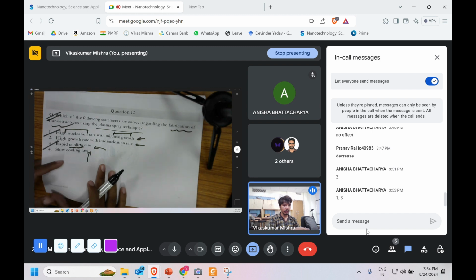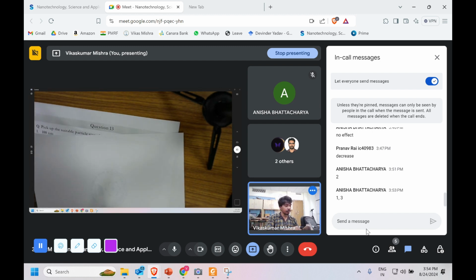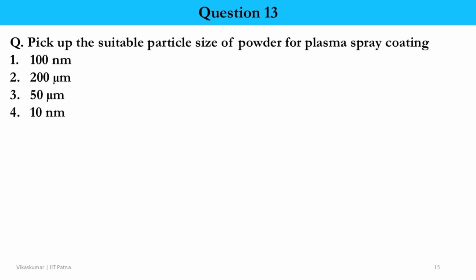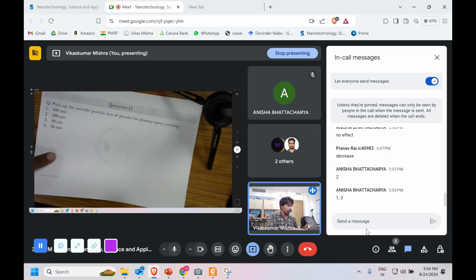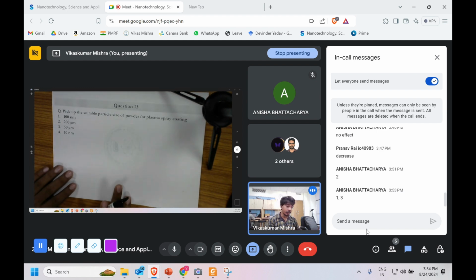Let's move to the next question, question number 13. Now it is somewhat a factual type. If you are aware, then we will be able to answer.